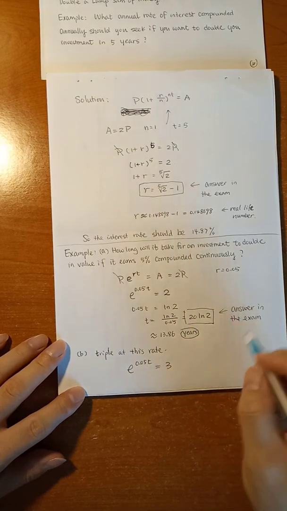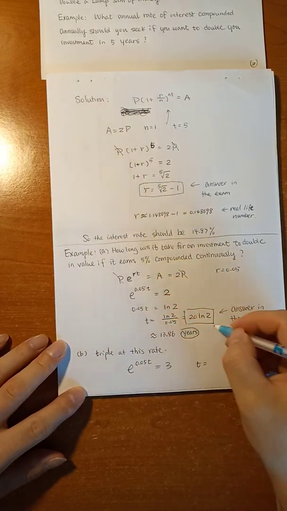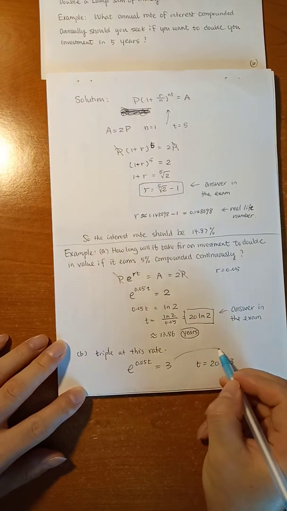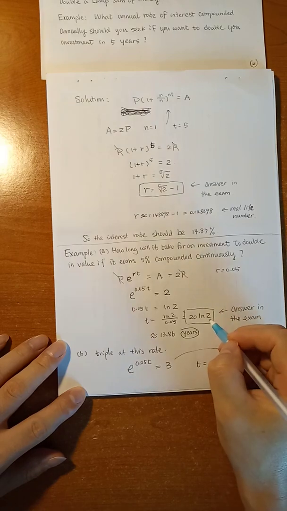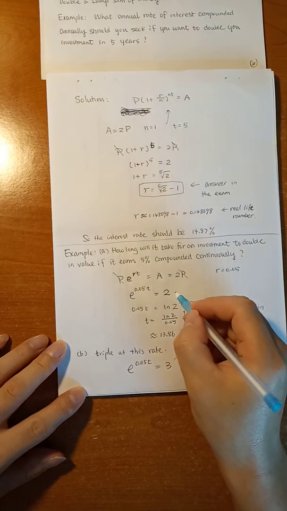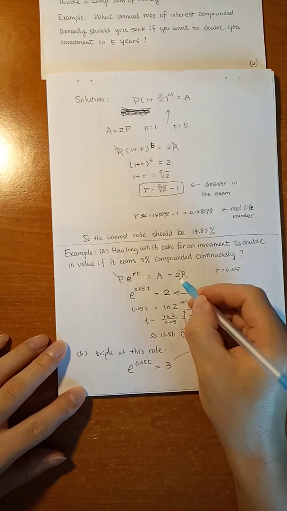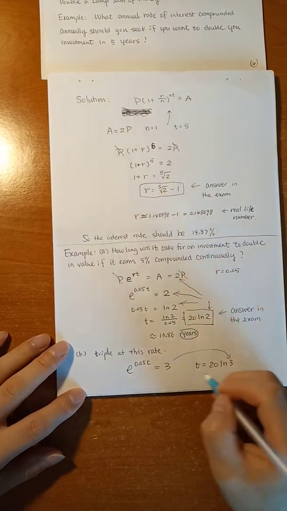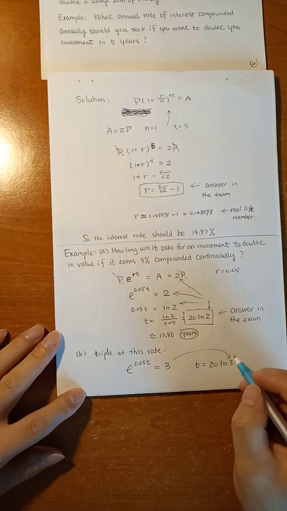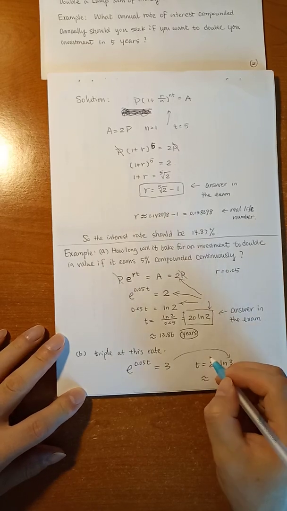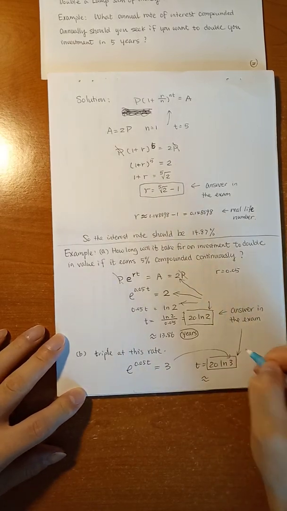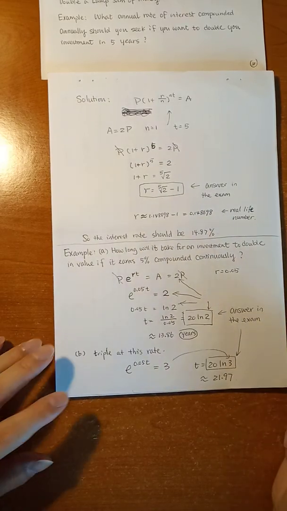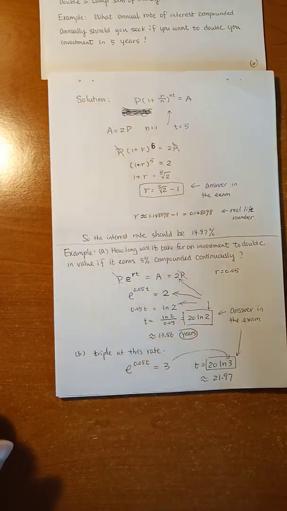So t is, going through the same process, t is equal to 20 natural log of 3. Only change this here. Double is 2, triple is 3. And again, this is the answer in the exam. And if you do the approximation, it's about 22 years. This interest rate is not big enough.